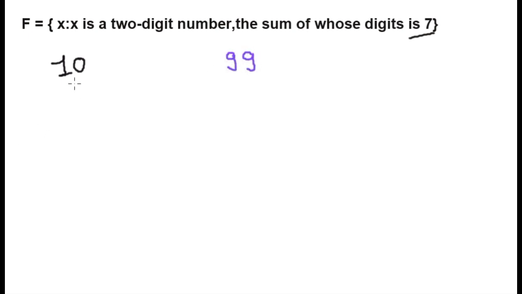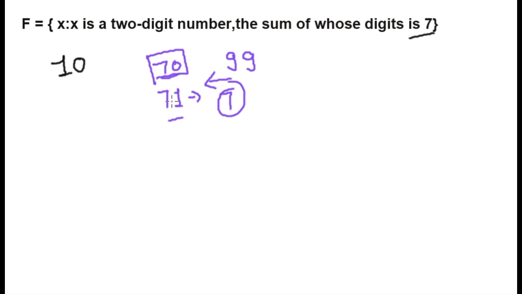So we will first see from this side. Can we get a number more than 70? If we take a number more than 70, can we get the sum of digits 7?